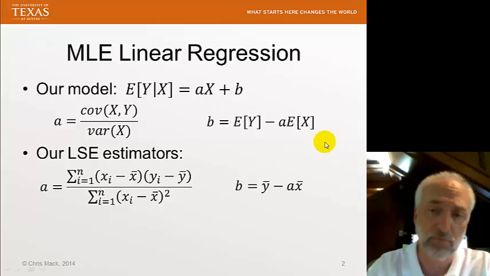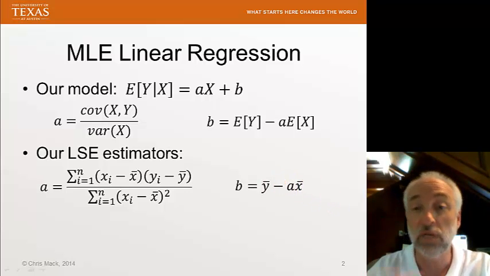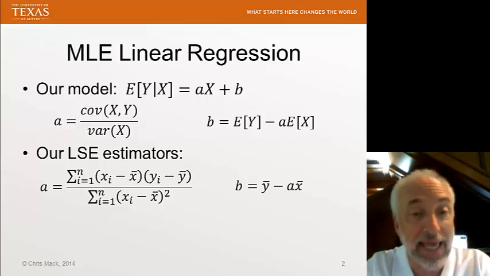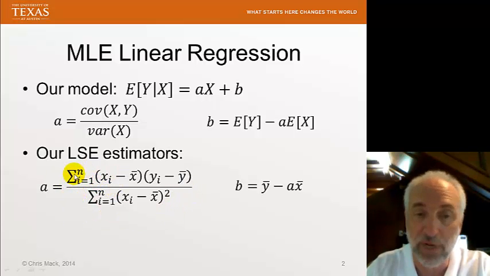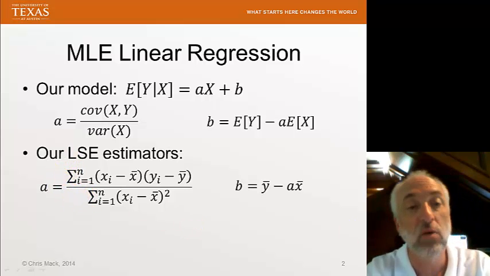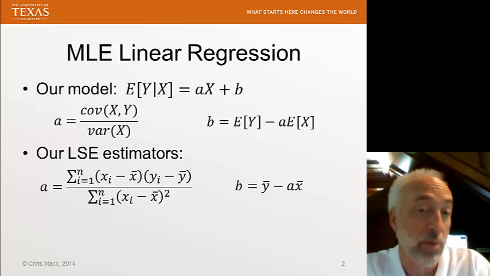The result, well, b was very simply y bar minus a x bar, where y bar and x bar are the sample means, the mean of all the y data points, the mean of all the x data points. And a came from our estimators of covariance and variance, and we noticed that 1 over n or 1 over n minus 1 cancels out, so it doesn't really matter whether we're using a sample estimate for covariance and variance or a population estimate for covariance and variance, because those terms drop out.